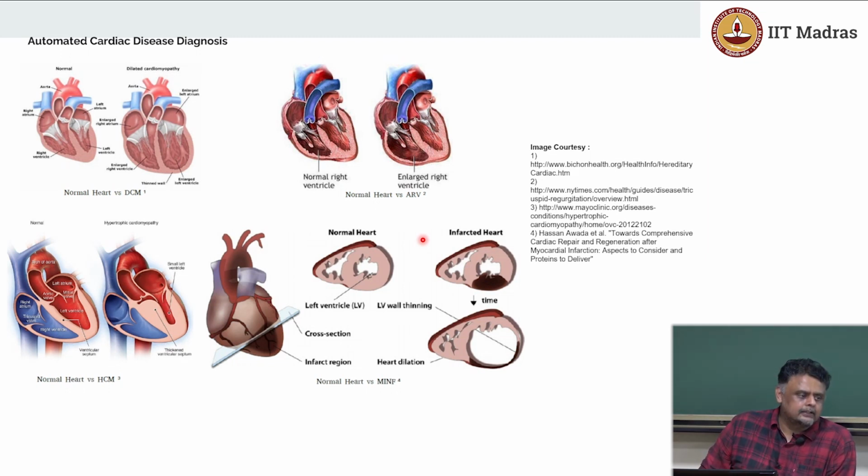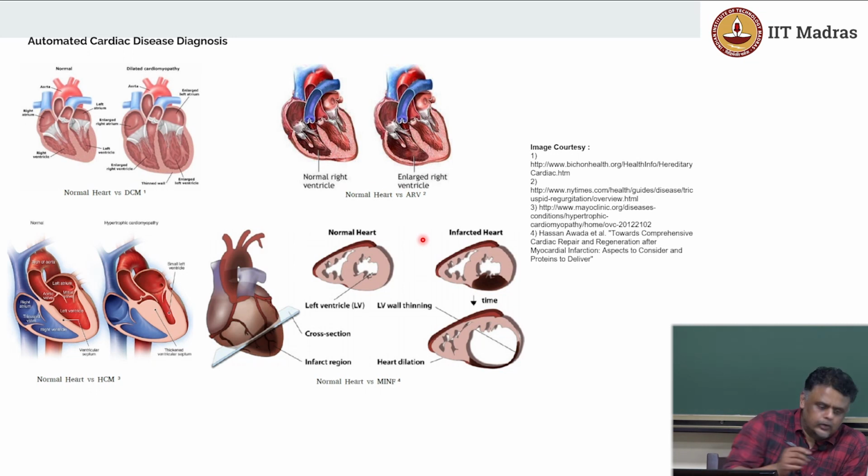There are abnormal right ventricles, very thick myocardium, and other different diseases that I have mentioned here. We will not go into details. DCM is dilated cardiomyopathy, and hypertrophic cardiomyopathy, HCM, is another. So there are different types of diseases, each with its own kind of symptoms.